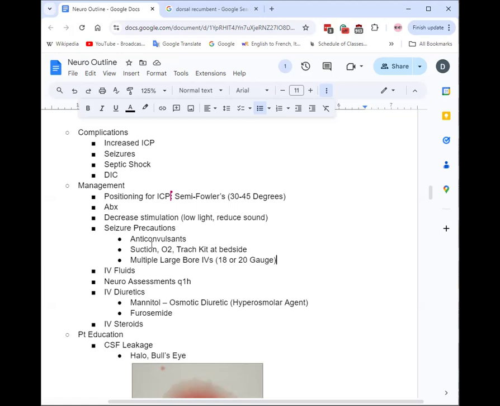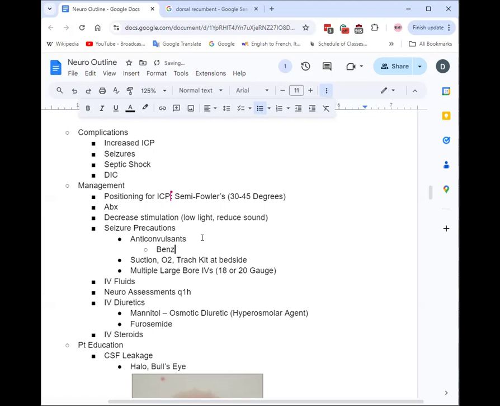But now imagine this person's having a seizure that's not stopping. Imagine trying to place an IV on that person. So definitely you want to make sure you have multiple IVs on this person.